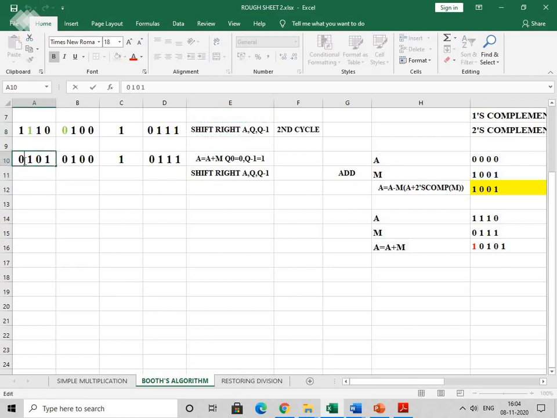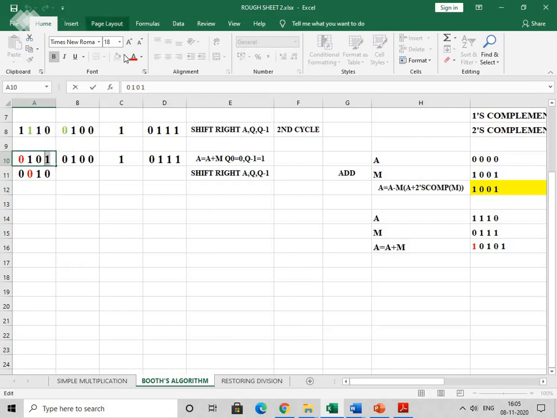So now see here, at A n minus 1 it is 0, so it will remain same as it is at n minus 1 position, as well as it will be shifted right to A n minus 2 position. See, I will write here 0 0 1 0. Okay, so this 0 is shifted right here, as well as it will remain as it is since it indicates the sign of the number.